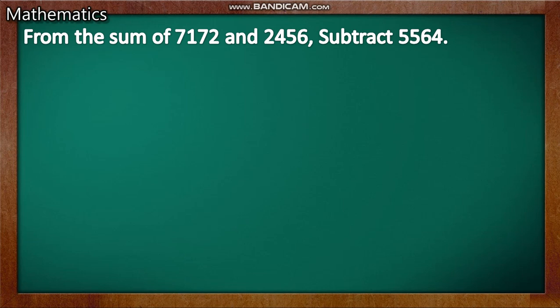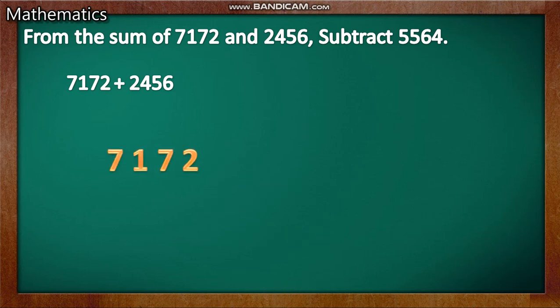I told you, you have to find the sum, so you do addition first. Which numbers do we add? We add 7172 and 2456. In any question, if subtraction and addition come together, you have to find the sum first. Ready? Then how can we find the sum of these two numbers?